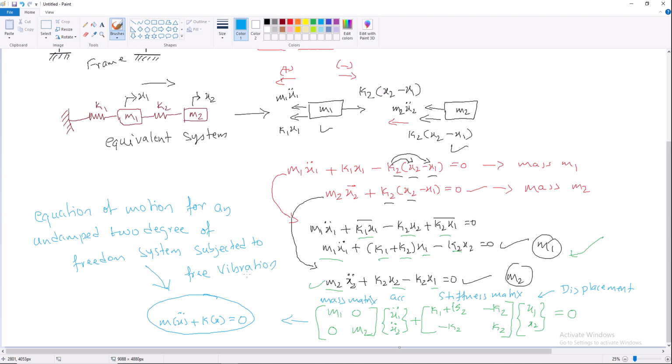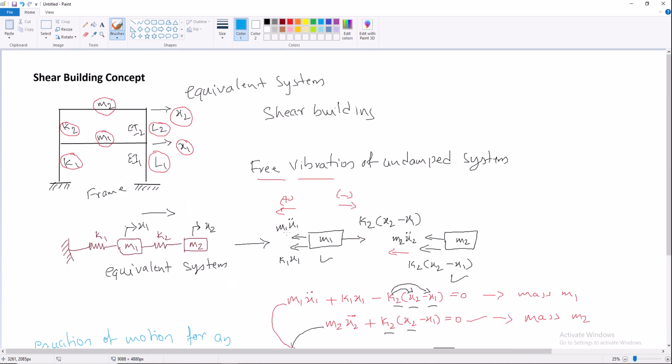So this is the shear building concept, right? In this session we have discussed the shear building concept. We have taken a frame structure with 2 floors, where the displacement at each floor level is x1 and x2, the masses are m1 and m2, and k1 and k2 are the stiffnesses of the columns. This is the equivalent system for the shear building concept.